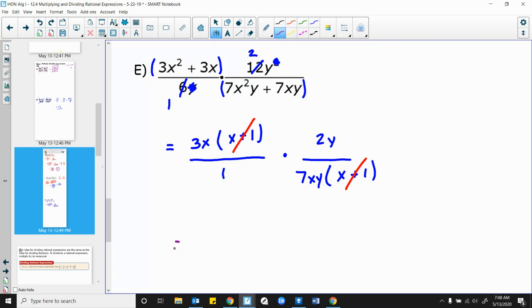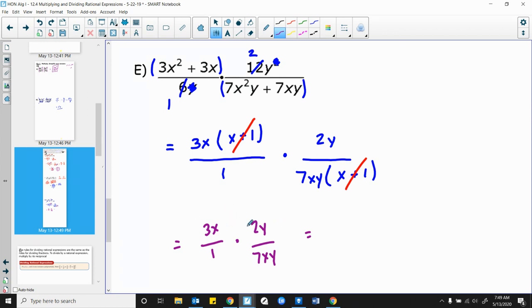So if I come down here, let's write what I have left. I have 3x, and I have a 1, times, I have a 2y, and I have a 7xy. Now it's much more reasonable to cross multiply.